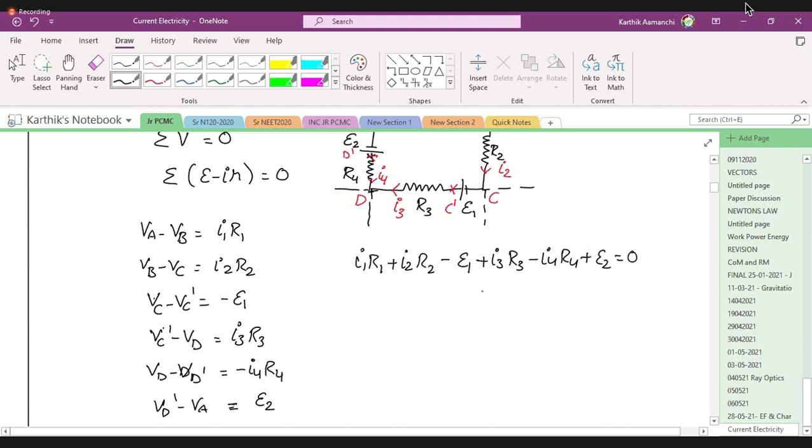Nothing can be applied for your capacitors. Now you try to solve your capacitors using your junction law, it will feel very easy.